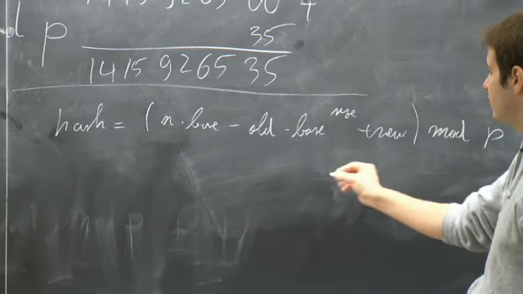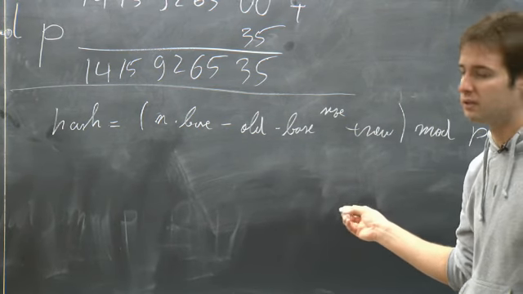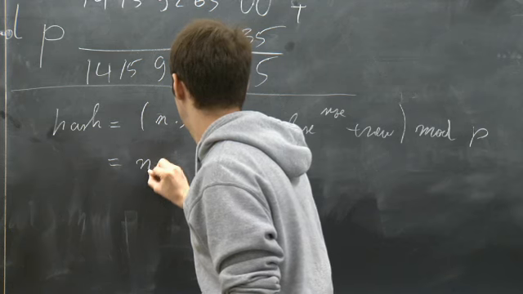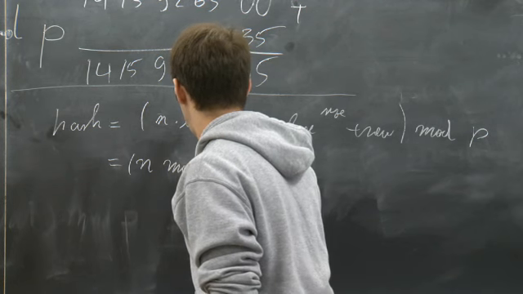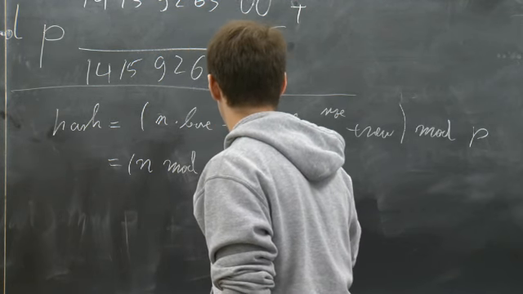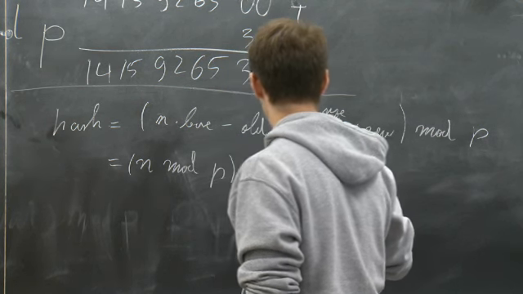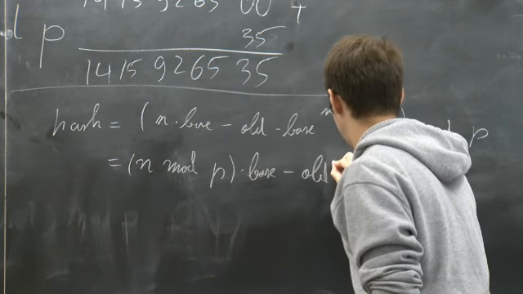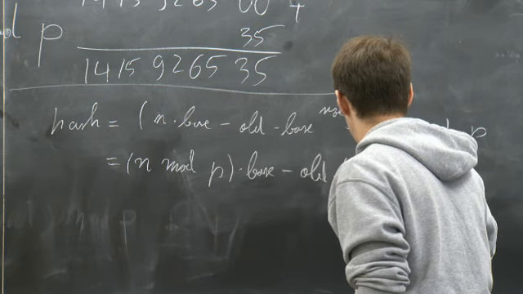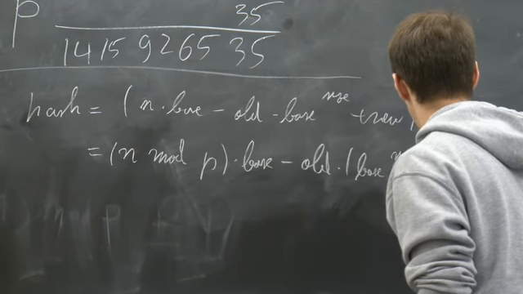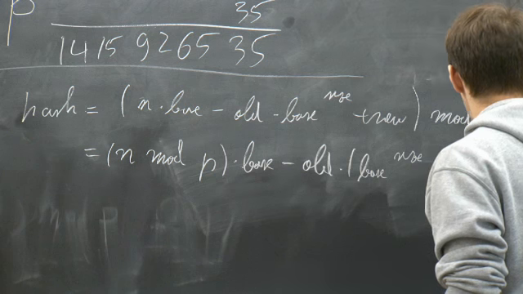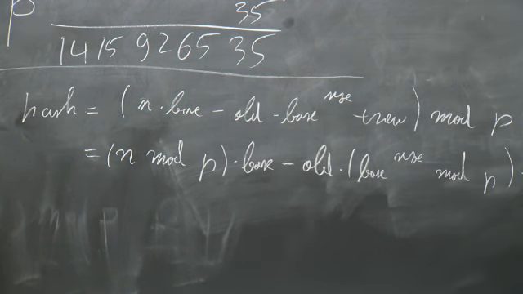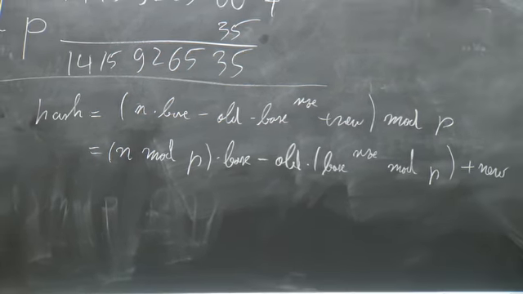Now let's distribute this. I know I can distribute modulo across addition and subtraction, so I have n mod p times base minus old times base to the size mod p, plus new. And everything still has to be mod p.